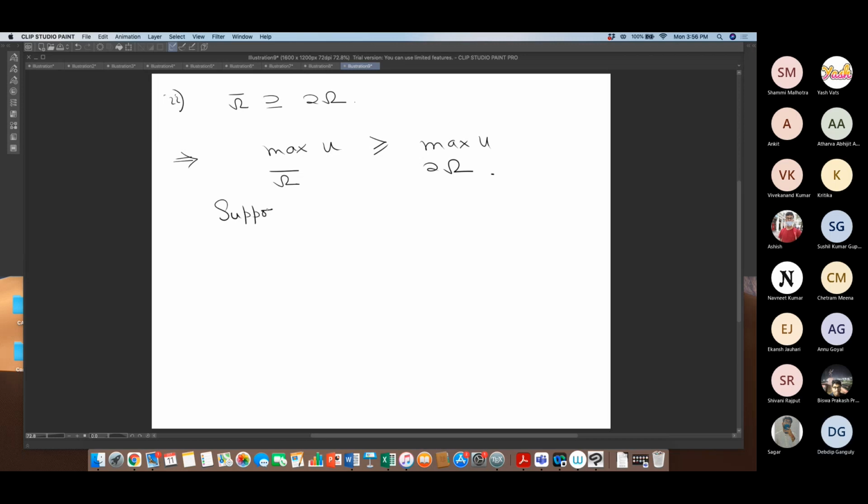Suppose U attains its maximum in omega, that is, in omega closure minus del omega. Then U is necessarily constant.